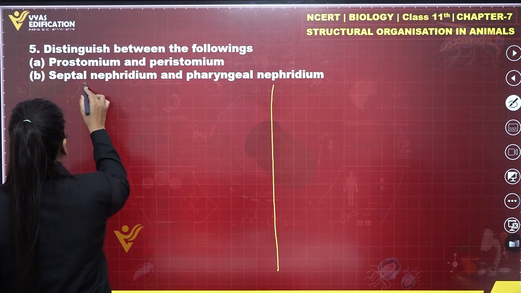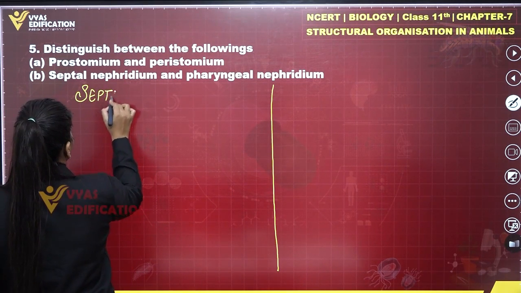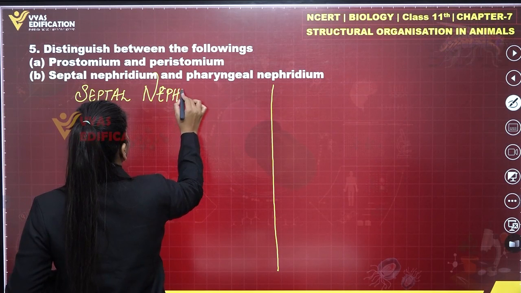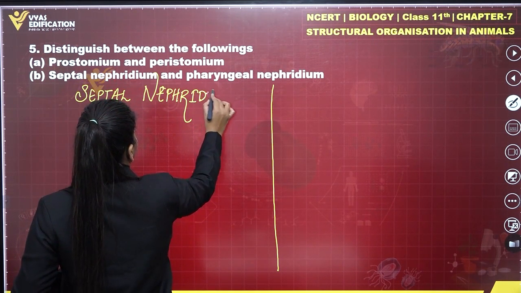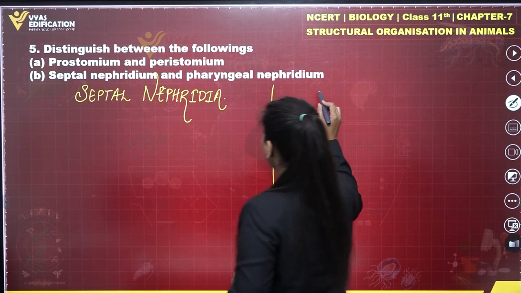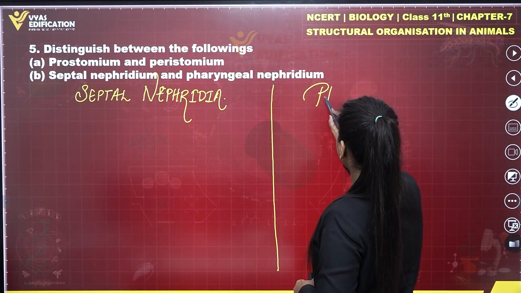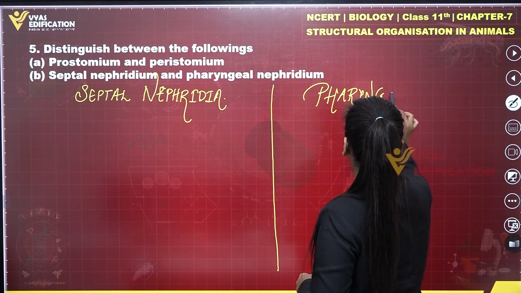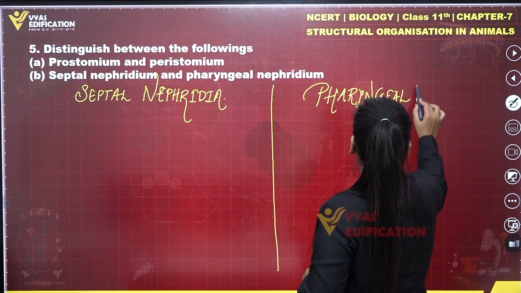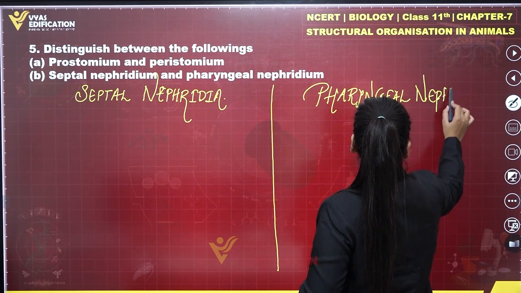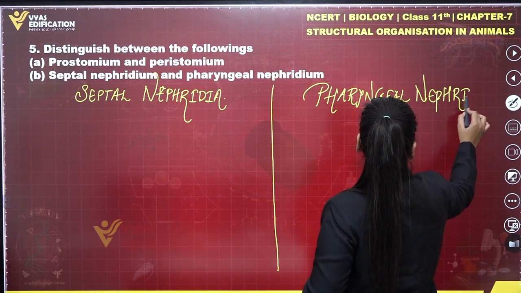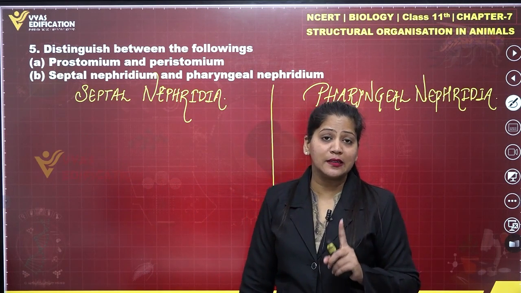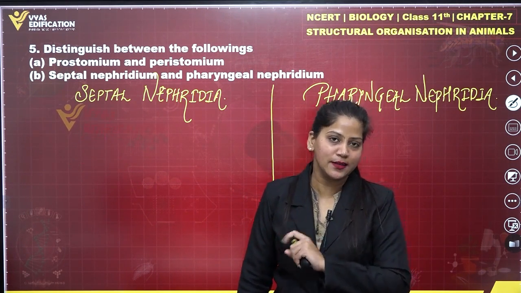In the left column, we are going to write septal nephridia, and in the right column, we have to write pharyngeal nephridia. Septal nephridia are present on both sides of intersegmental septa.